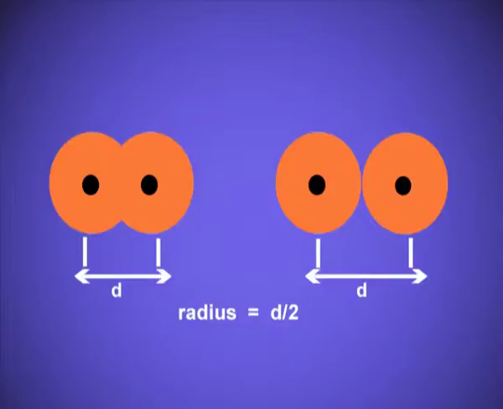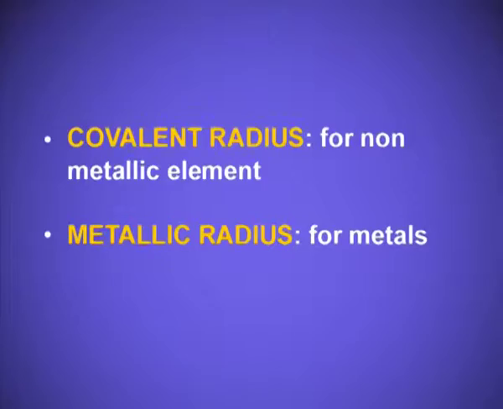From the picture you can see that the 2 atoms are covalently bonded and the 2 black dots are the nuclei. The distance between the 2 nuclei is d, and half of d is the atomic radius. Covalent radius, we use the term for non-metallic elements. Metallic radius, we use the term for metals.